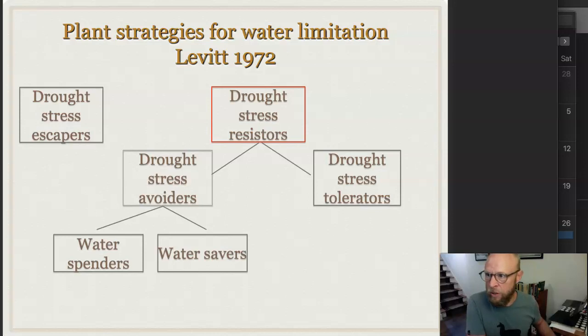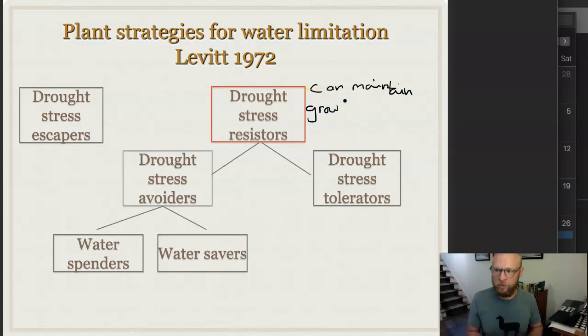All right, so just so you can giggle at my penmanship again, drought stress resistors, they can maintain... oh gosh, this is ridiculous.